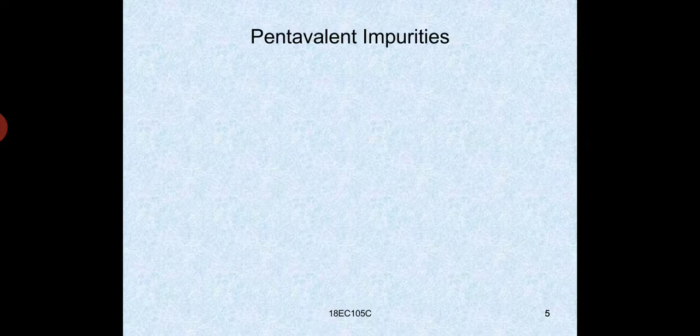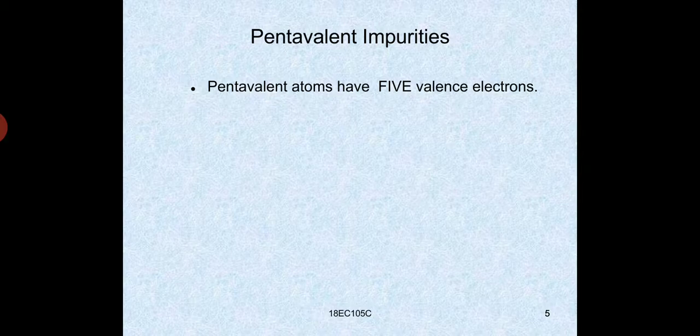Now let us see a few pentavalent impurities. The pentavalent impurities are those which have 5 electrons in the outermost or the valence band. So in the pentavalent atoms, they will have 5 valence electrons.